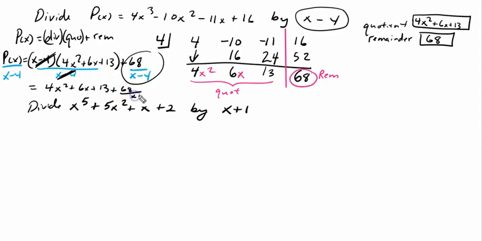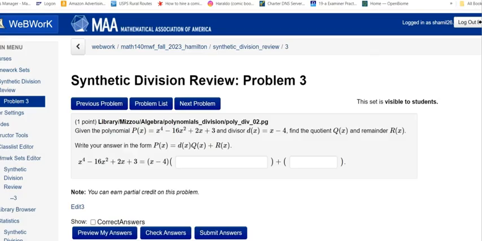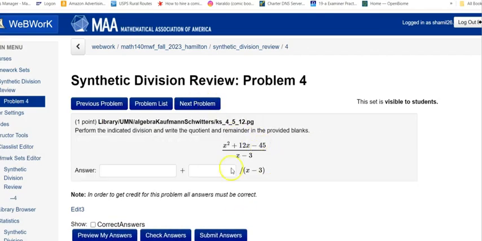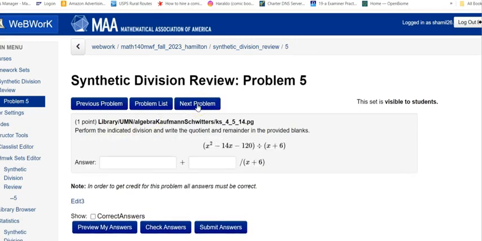It's an actual fraction. Okay. So that's another way the answer is asked for in web work. If we go on to problem 4, that's how they're going to want you to answer this problem in web work on that second way that I wrote it. Same for problem 5. Okay.